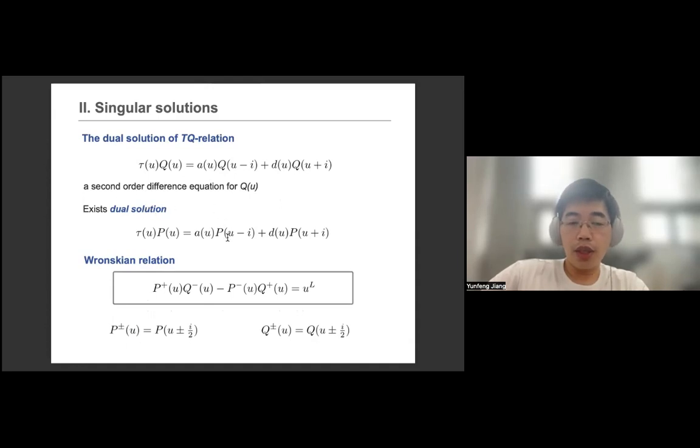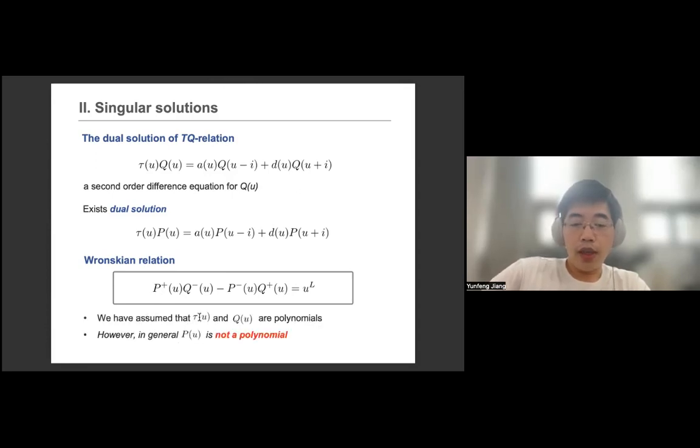Namely, there is also another solution P(u) that satisfies the same equation. This P(u) and Q(u) satisfy the Wronskian relation. Here I introduced the notation P± is P(u) shifted by ±i/2, and the same for Q. So there's a dual solution, and this is important.